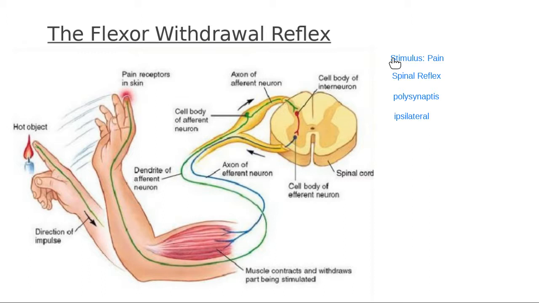I wouldn't ask you the stimulus, I'm never going to make you predict that, but I will make you predict, is this cranial or spinal? I will make you predict, is it polysynaptic or monosynaptic? I will make you predict, is it ipsilateral or contralateral? Let me see if I happen to still have that activity in here. I'm betting I don't.